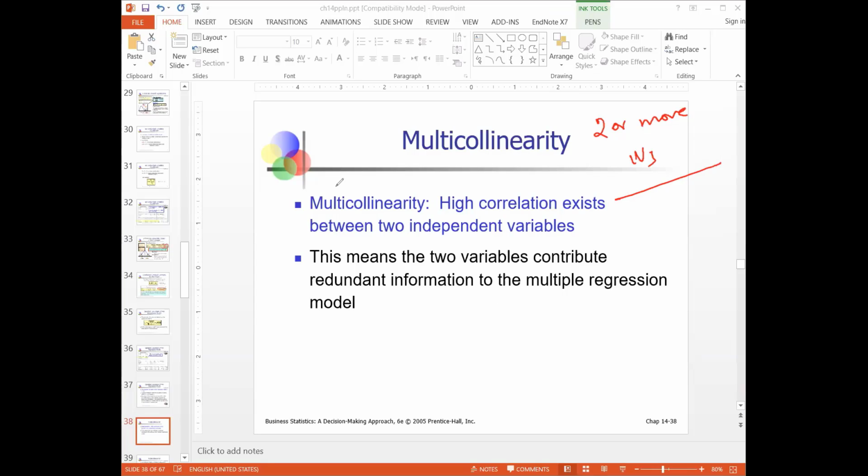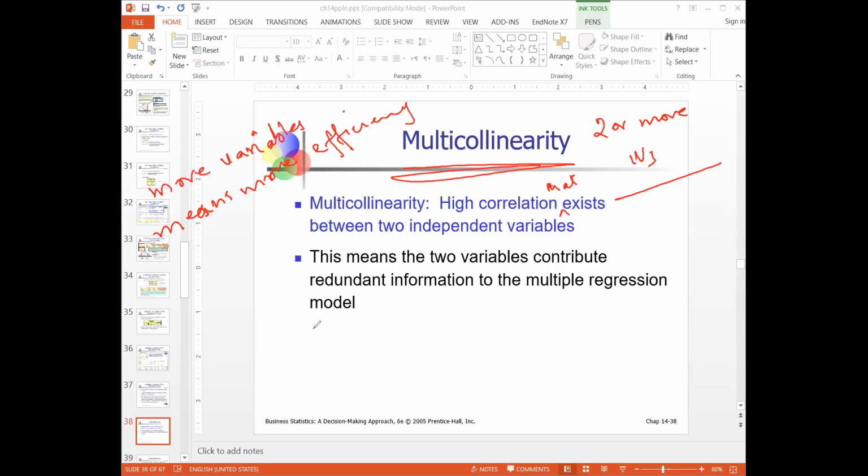So we have already discussed that more variables means more efficiency, but the problem is more variables also lead to more problems. So multicollinearity is the high correlation that exists between two independent variables.